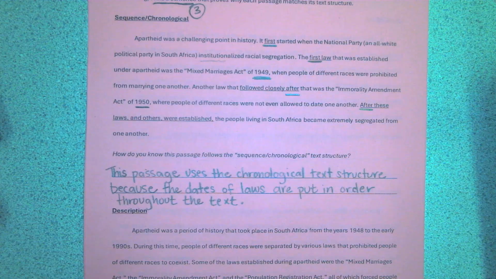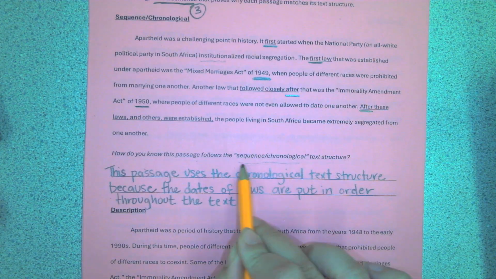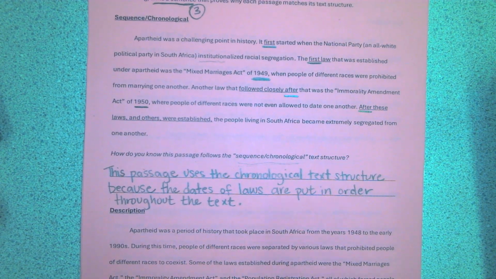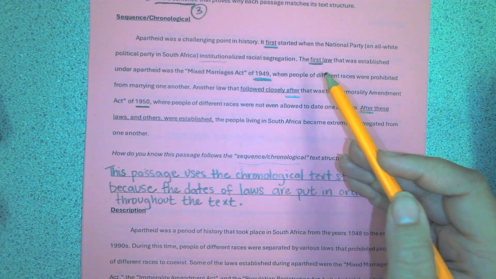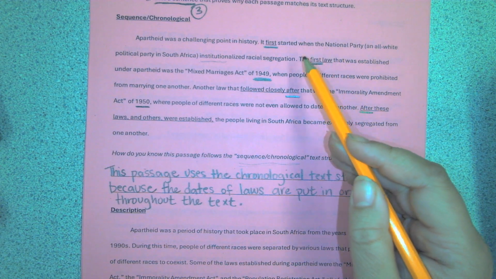Okay, so I went ahead and wrote in my answer. And I said this passage uses the chronological text structure because the dates of laws are put in order throughout the text. That is a really great reason. That lets me know that this is sequence or chronological. I could have also talked about the fact that they said things like the first law.